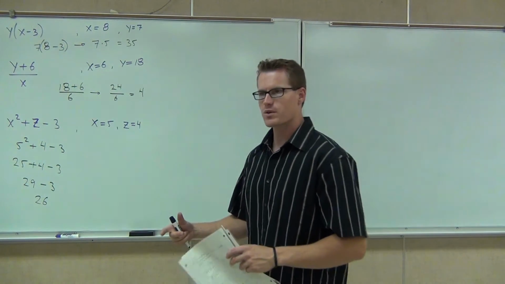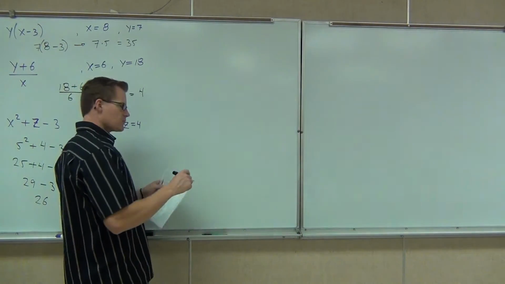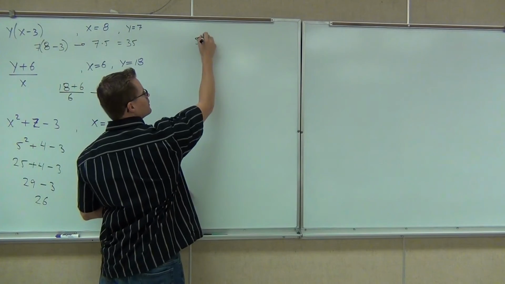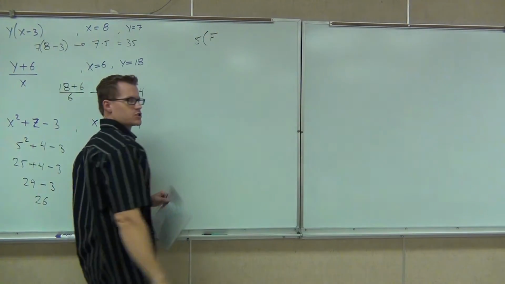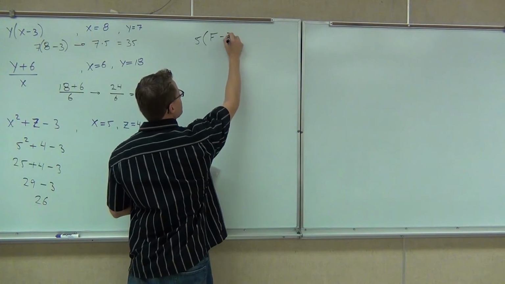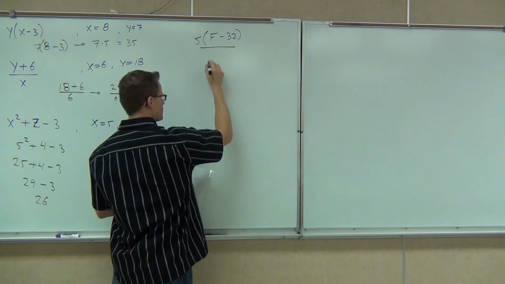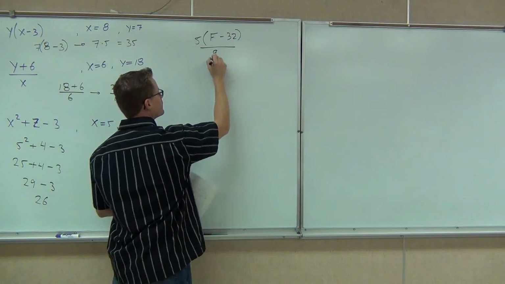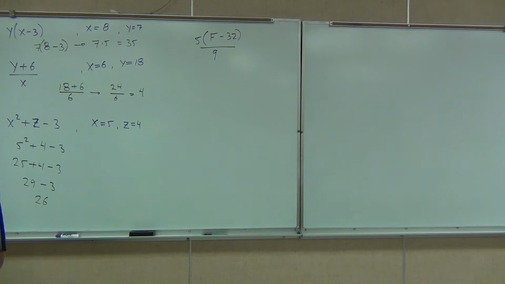So there's actually a formula for doing that, and it's an evaluation problem. Here's how it looks. It says if you take 5 times F, which stands for Fahrenheit, subtract 32 from it, divide by 9, you'll get the Celsius equivalent for that.